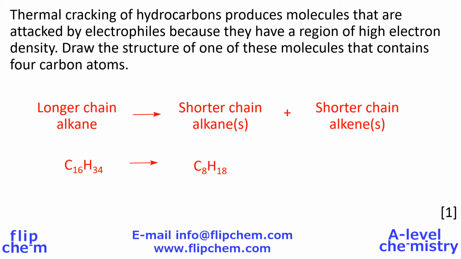So if it was to make, for example, one molecule of C8H18, it could also make 2 molecules of C4H8. And if we look there, we've got the same number of carbons on both sides of the equation and the same number of hydrogens. So that's one possibility when we crack that longer C16H34 molecule.